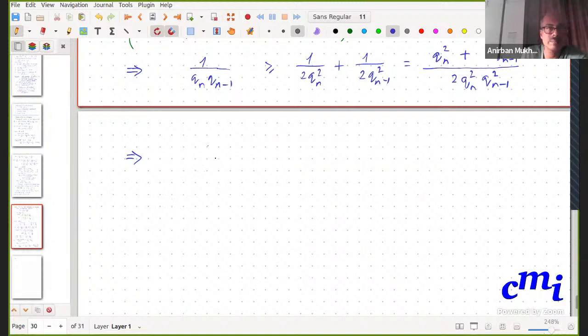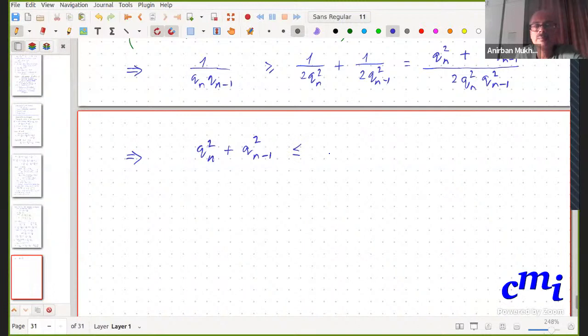Now, what does this give? So this is Qn square plus Qn minus 1 square. I'm just changing sides. So this is less than or equal to 2Qn Qn minus 1, right?